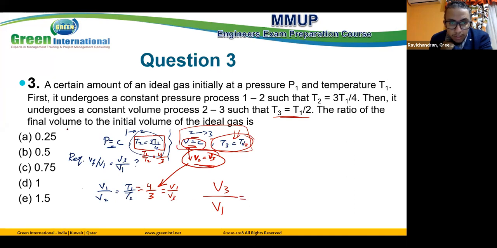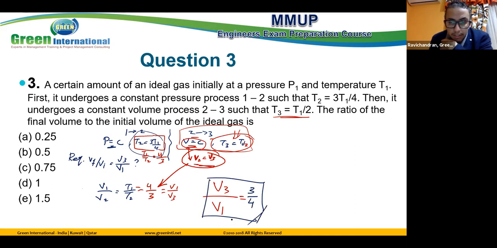But the required is 3/1, because it is final over initial. So this is the same as this one, but I just need the reciprocal, which is equal to 3/4.